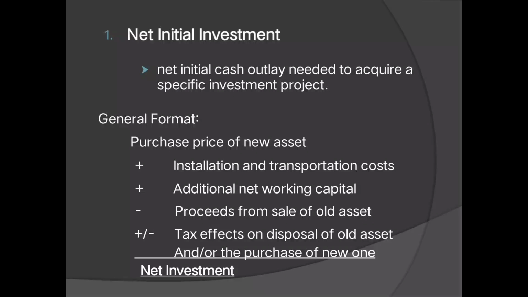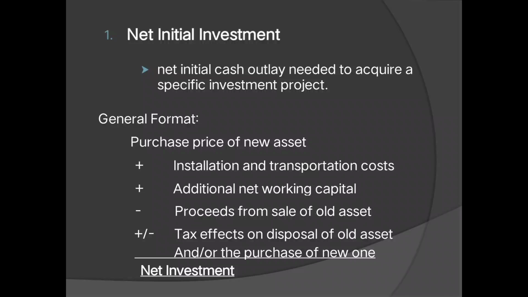So, para ma-solve natin yung net investment, kailangan alam natin yung mga cash inflows and cash outflows. So, from the general format, ang mga cash outflows dyan or yung mga maglalabas tayo syempre ng pera is the purchase price of new asset, installation and transportation cost, and the additional net working capital.